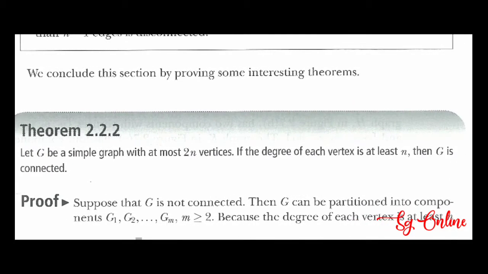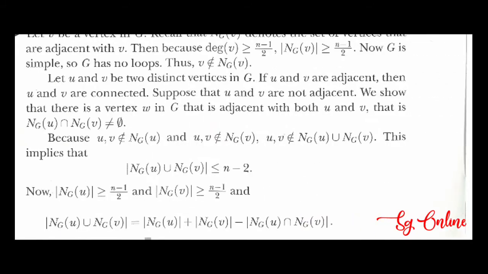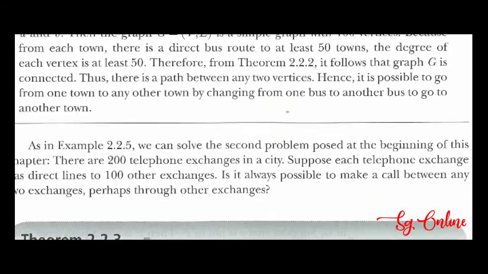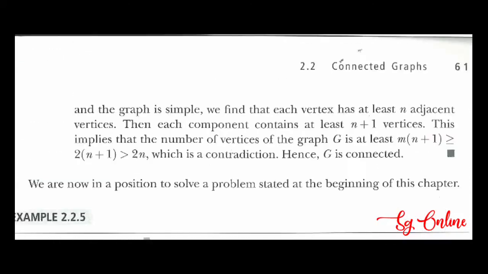We just prove it this way: suppose the graph is not connected, and then we will arrive at a contradiction. If the graph is not connected, there are at least 2 components. So suppose there are components g1, g2, up to gm, where m is greater than or equal to 2. Now the degree of each vertex is at least n.